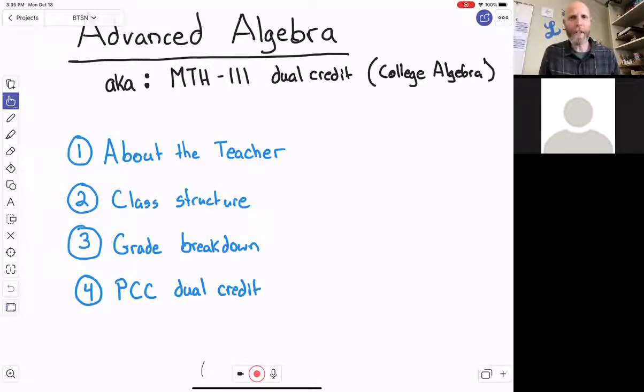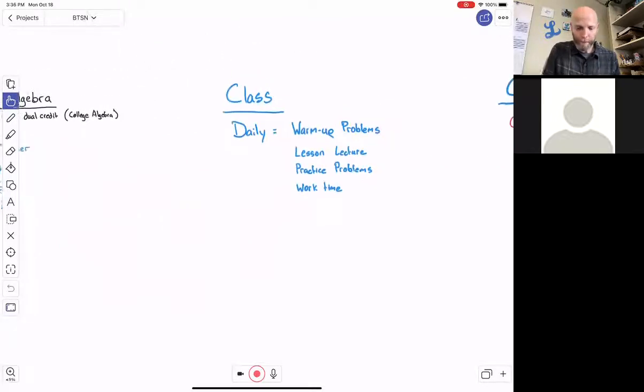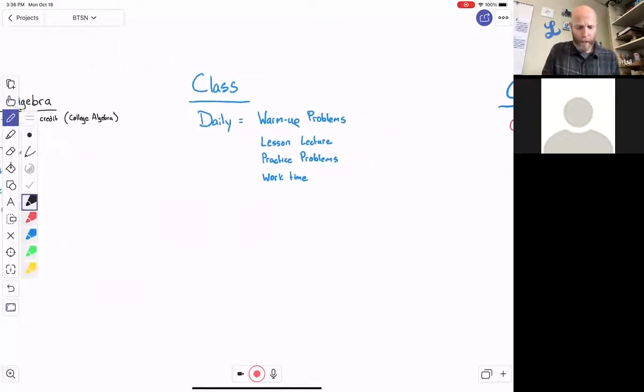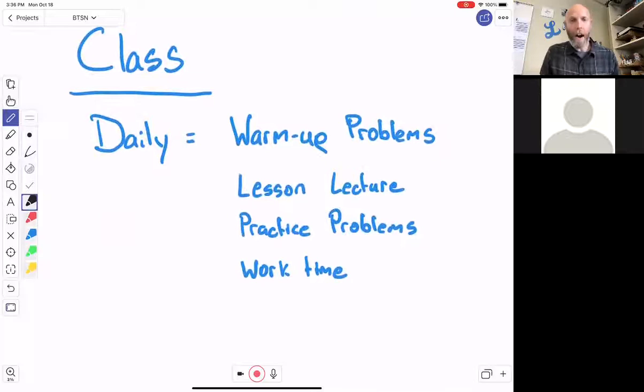All right, so let's talk about the class structure here for Advanced Algebra. I like to try to be very, very structured so that students know what to expect as they come in here. So let's take a look real quickly at the structure. On the daily, we start typically with a warm-up problem on what we did last class, right? To try to get the wheels turning a little bit, make sure we kind of know what was going on, so then we get another chance to ask questions in case we didn't get it on the class before.